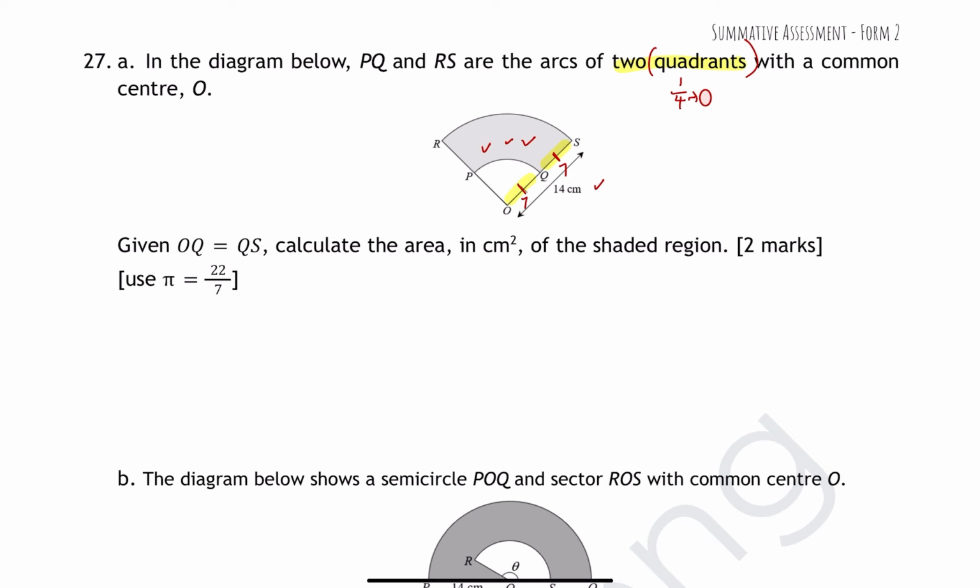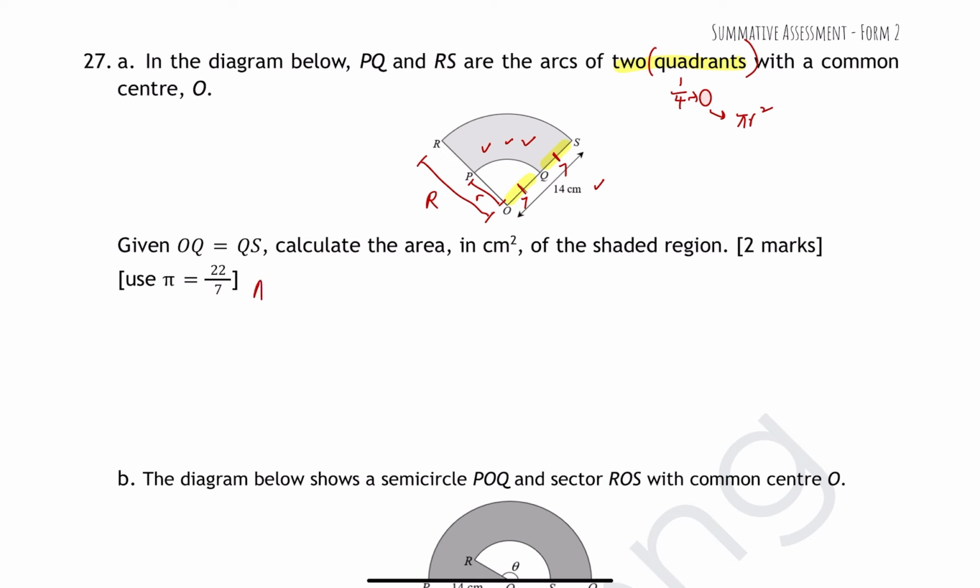Quadrant, you can basically just use 1/4 multiplied with the area of the circle. So in this case, this is going to be your pi r squared. Since I have two different r, I can just assume my longer r as big R, and the smaller one is my small r.